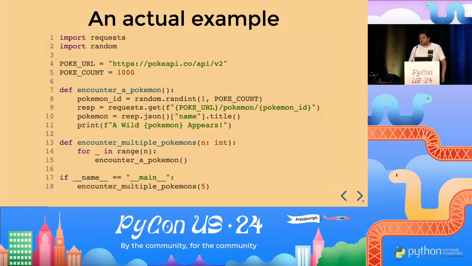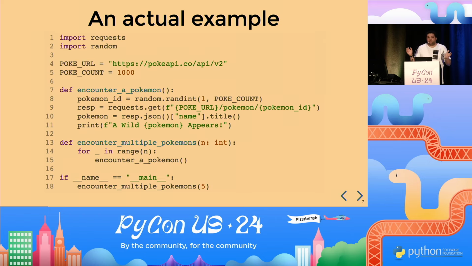So this example was nice, but not actually doing anything interesting with AsyncIO. For example, let's say I want to fetch some Pokemons from the Poke API. It's an API where you can fetch some Pokemons, and it's really useful for building toy examples like this. Without AsyncIO, I will use requests and fetch my Pokemons in a synchronous way, with the encounter a Pokemon function.